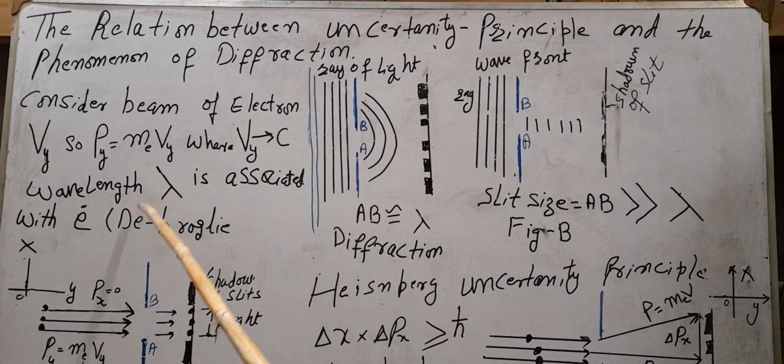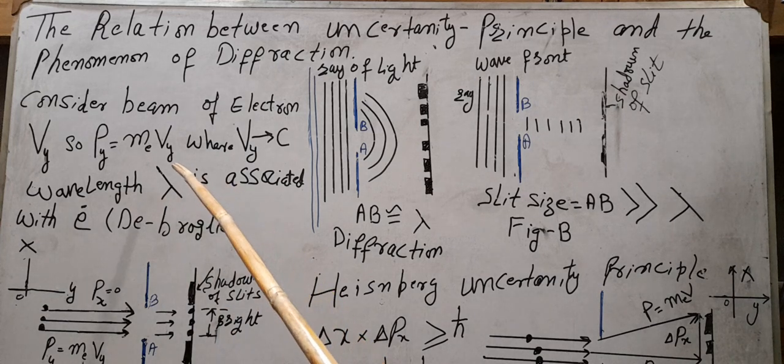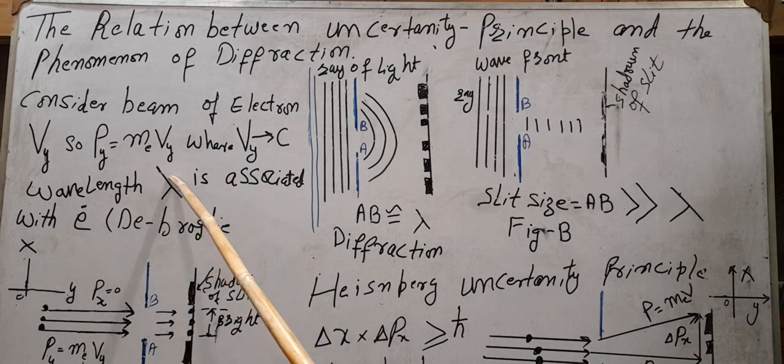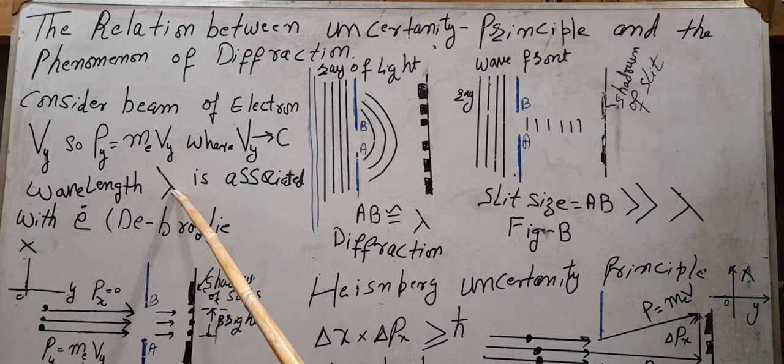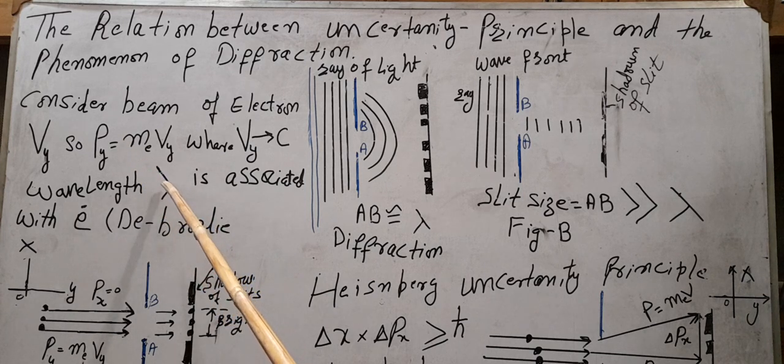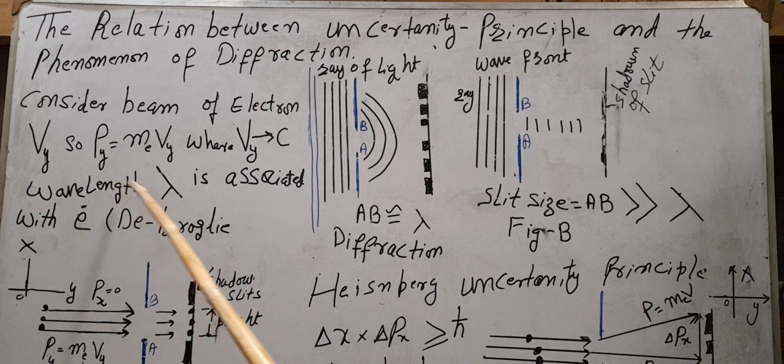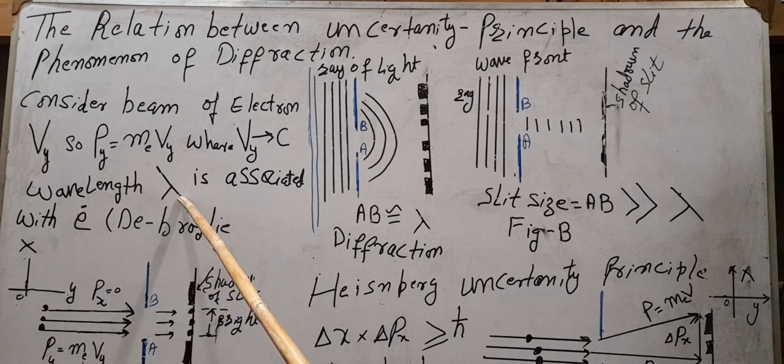According to the de Broglie hypothesis, a wave is associated with this fast moving electron, and the wavelength of the wave associated with the moving electron is lambda in this case.